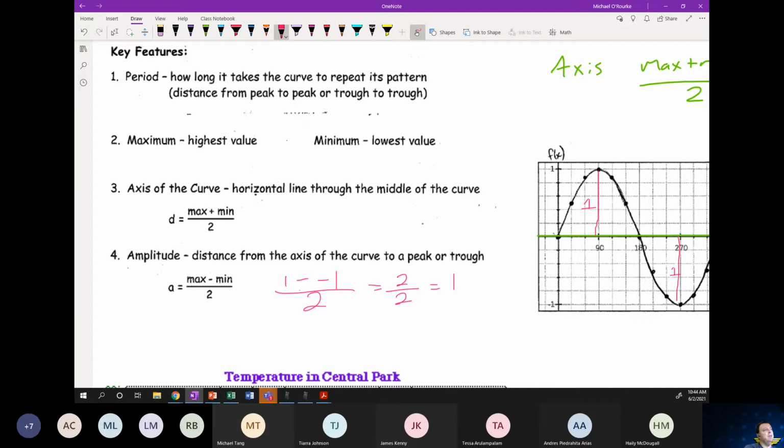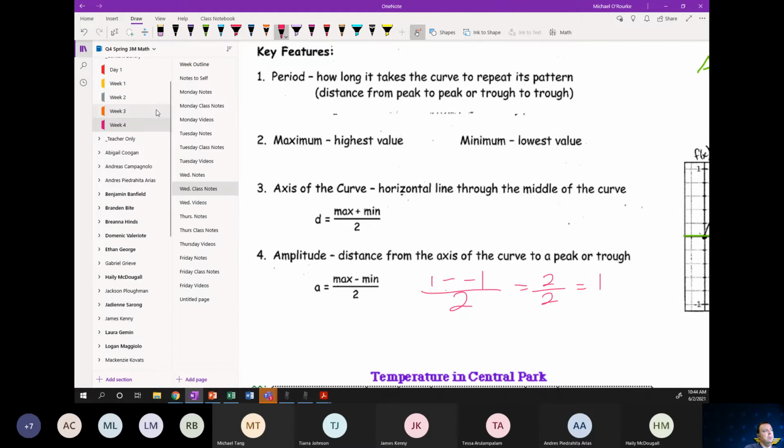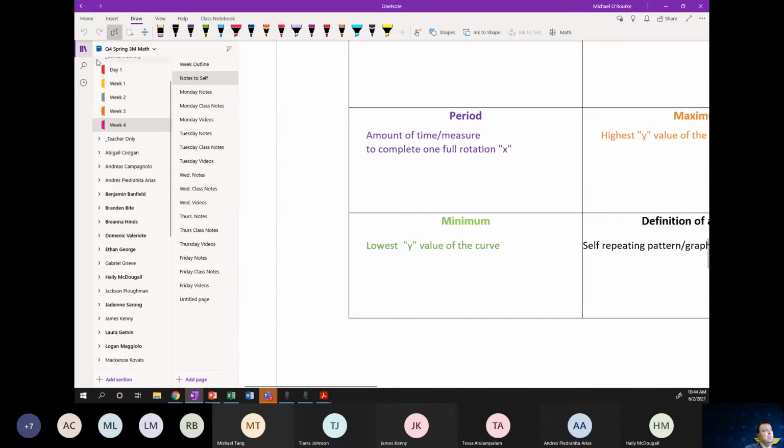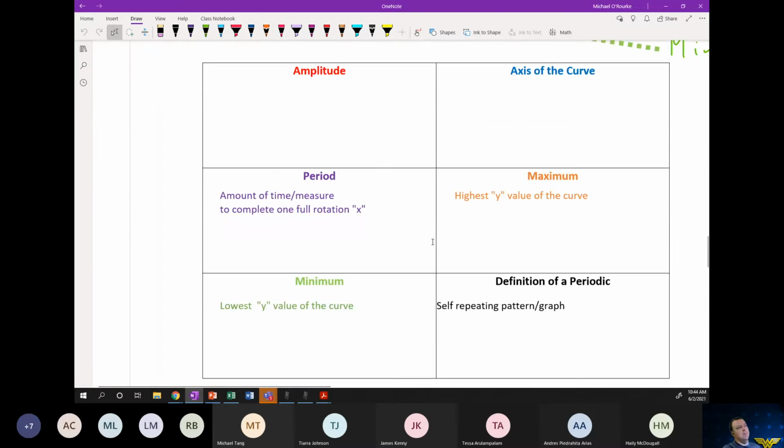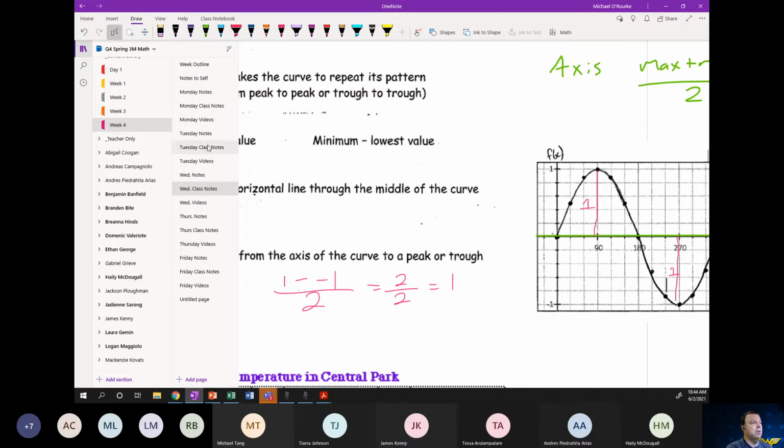So let's go back into our notes to self and we'll write that in. What's the exact wording of axis of curve they use? I want to use the exact same. Horizontal line through the middle of the curve.